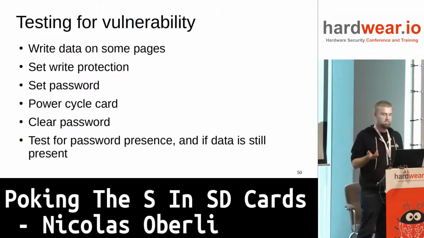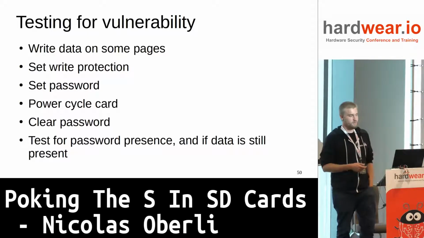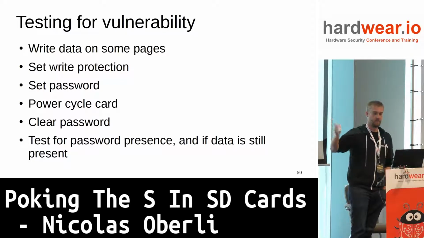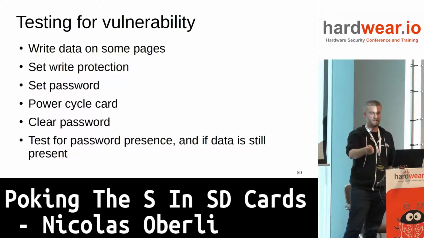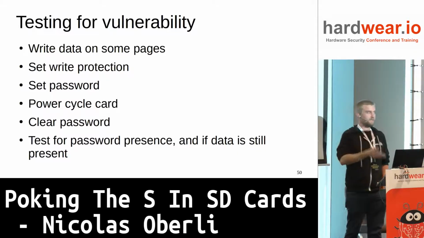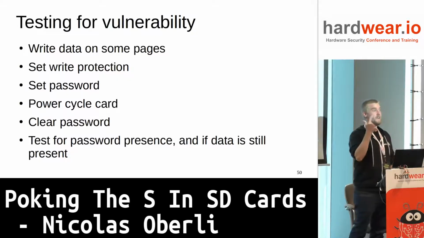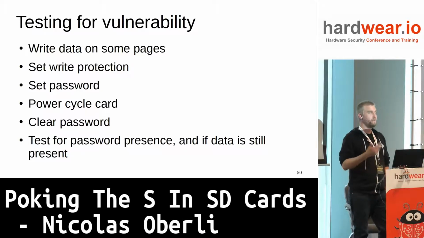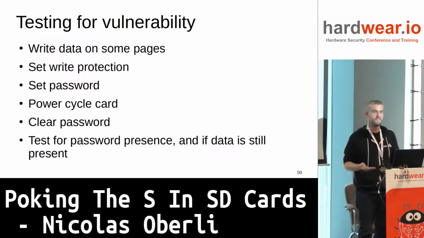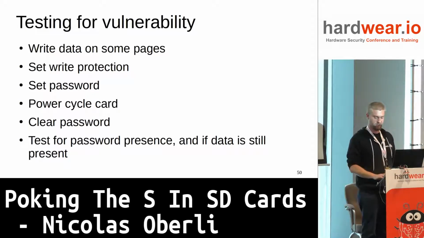This is an idea, so let's try to see how it works. I write some data on the card, set the write protection, set the password, then I power cycle the card, try to clear the password, so it should remove the password and all data included in the SD card. And if I'm able to read something back, that means that this feature has not been implemented correctly, right?